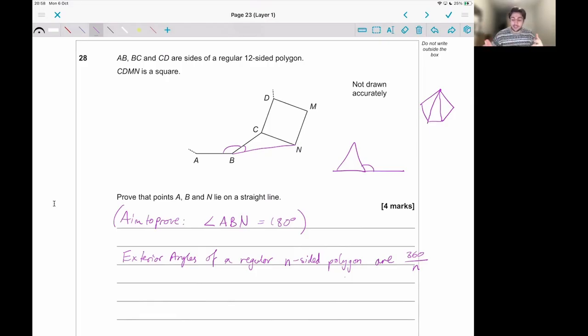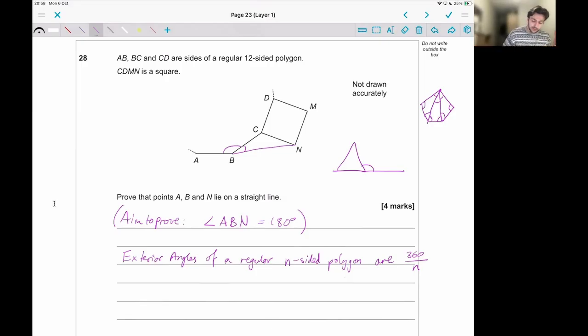Now, each triangle has 180 degrees in it. That's a rule that we learn about triangles. So there's 180 degrees. Those are not super well drawn. There's 180 degrees. There's another 180 degrees. And there's a third set of 180 degrees. So the total interior angles of a pentagon is 3 times 180.